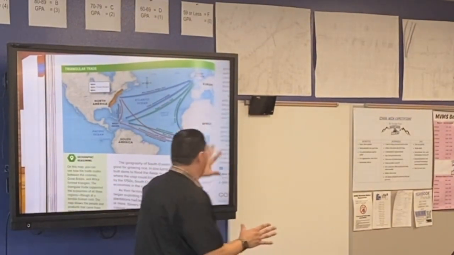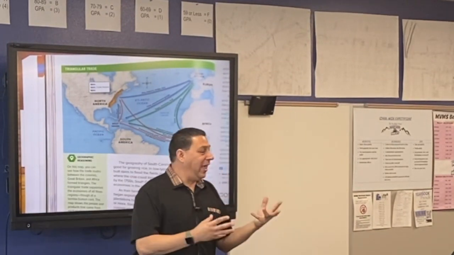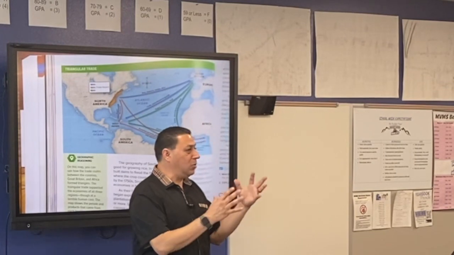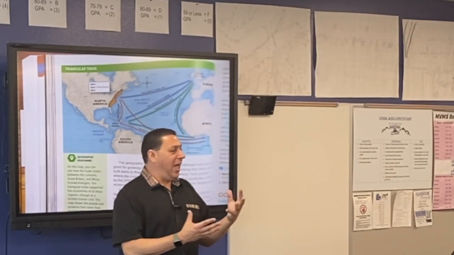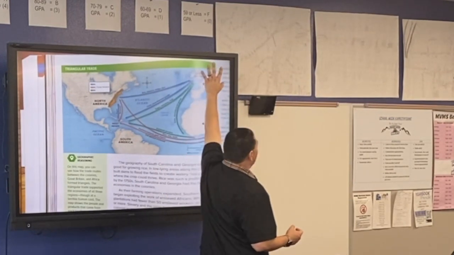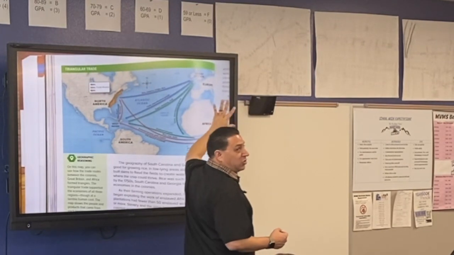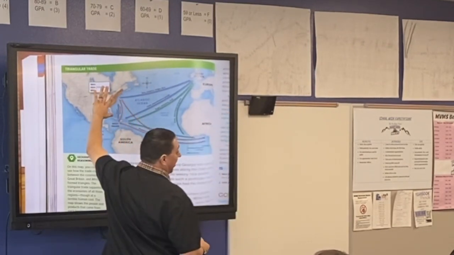This is unique because it's not necessarily a war, it's more or less a business, a huge business. You've got people from one continent traveling to another continent to pick up slaves to take to another continent.